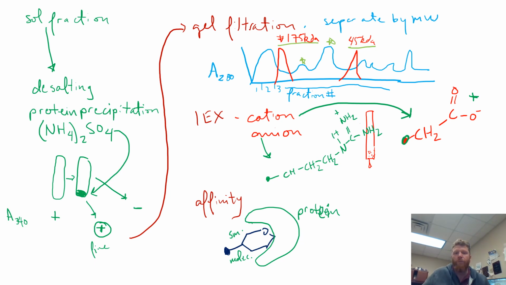What are you actually separating and why? Now, in lecture, what I went through was I talked about activity and specific activity, and I'm going to go ahead and revisit that on the next slide. So, a measure of purity of a protein is found in specific activity. And it's kind of intuitive when using the word specific, but you are looking at an individual protein there and the presence of that individual protein.